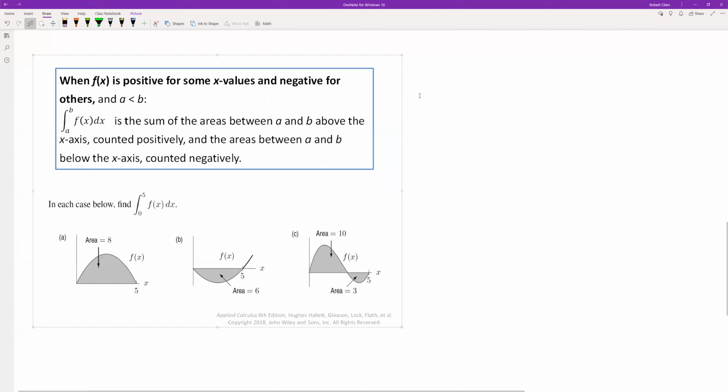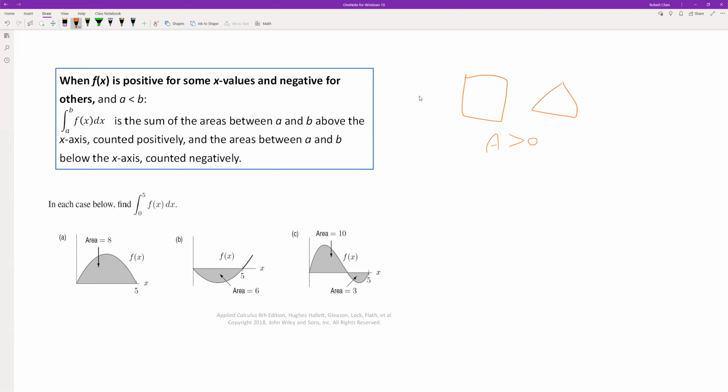Now this is where we will see something called negative area, probably for the first time. Usually when we talk about the area of a square or a triangle, they are always positive. But when we are talking about integrals, when we are talking about area under curves, they can be negative. So let's see.